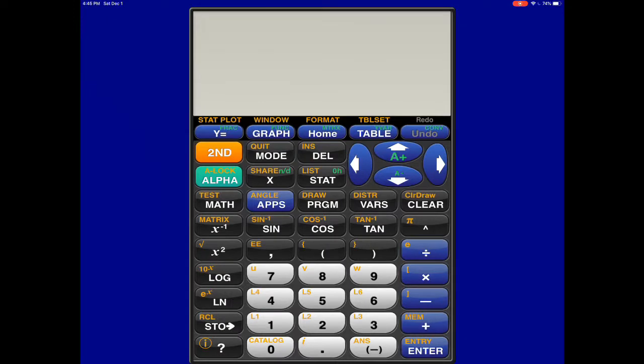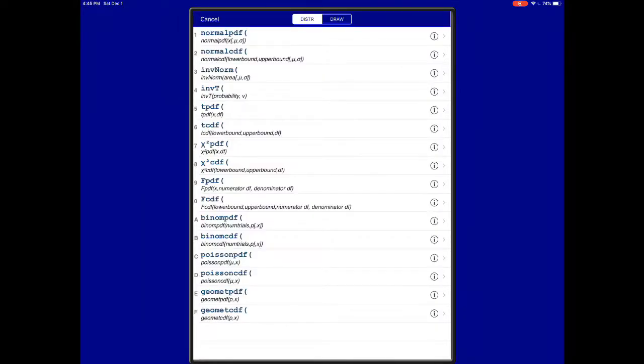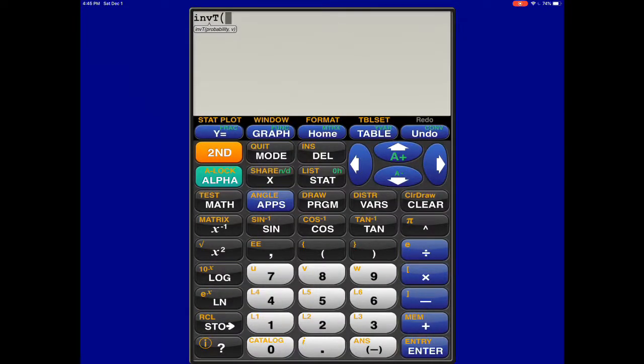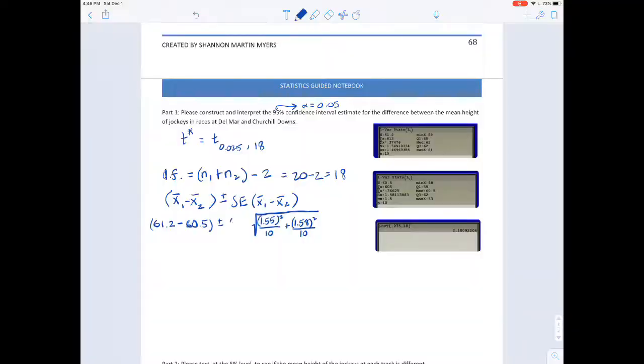We need to look for the 0.975 area, and we need to do that under distribution. So remember, we're going to inverse t. The probability is 0.975, and our degrees of freedom, we said, are 18. And we get 2.10. 2.10 times all that. And then computing everything on the calculator, let's see. This will be 0.7, I believe.